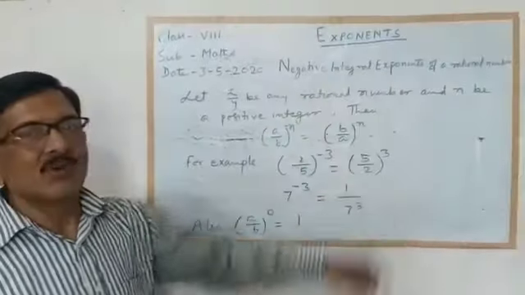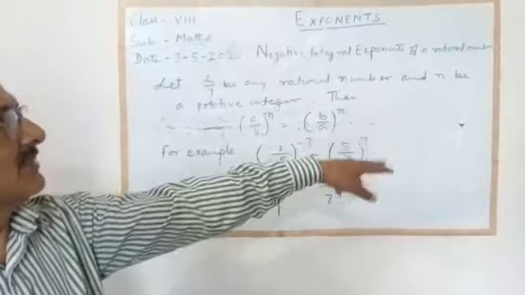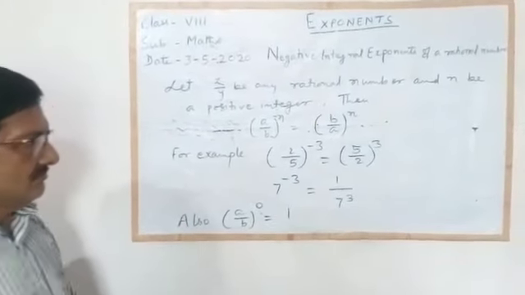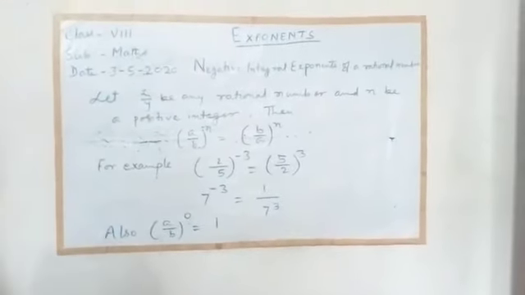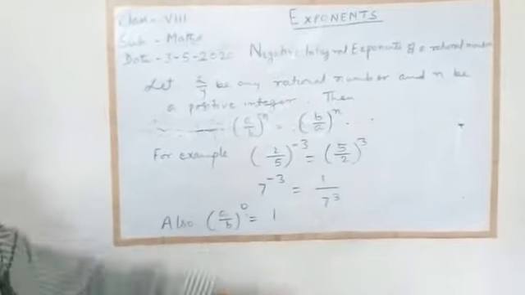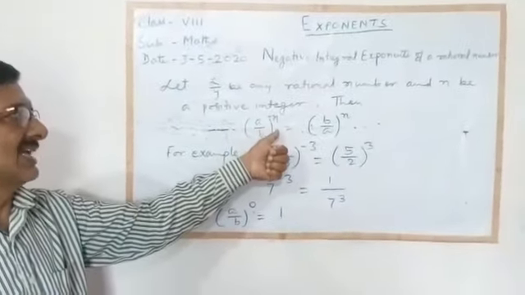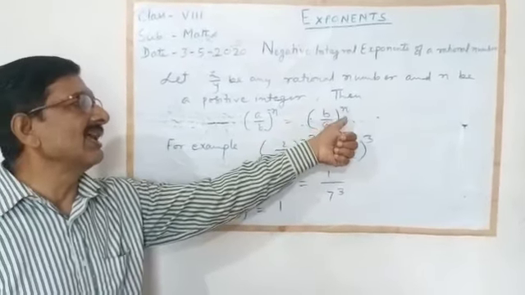Now we will discuss the negative integral exponent of a rational number. What happens when a given rational number has a negative integral exponent? Let a/b be any rational number and n be a positive integer, then we can define (a/b)^(-n) as (b/a)^n.